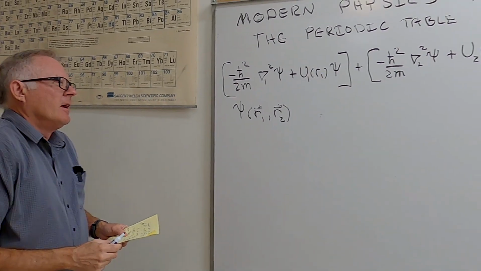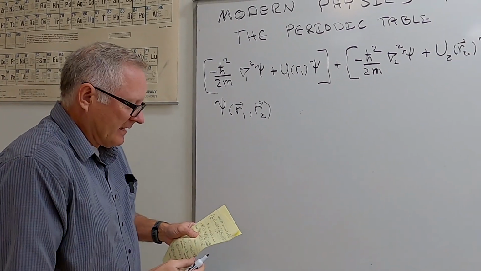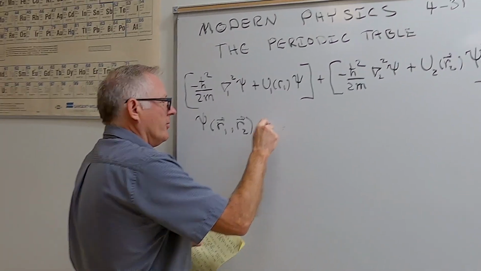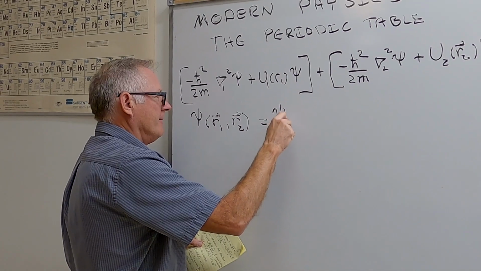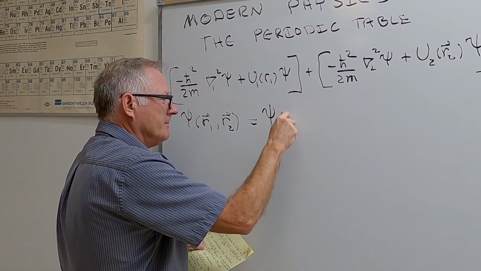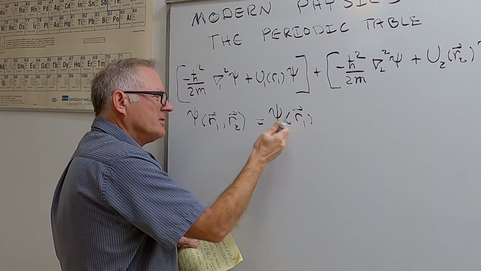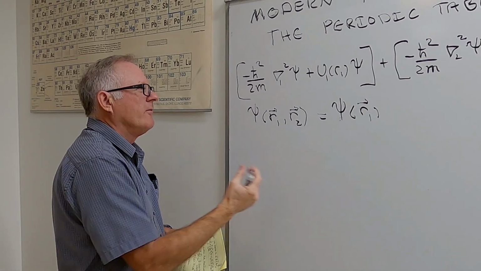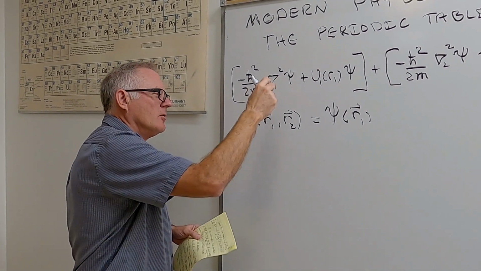Now, we could break this up into just a product of two, which is psi of, say, R1. This would be the individual wave function for just one of them.